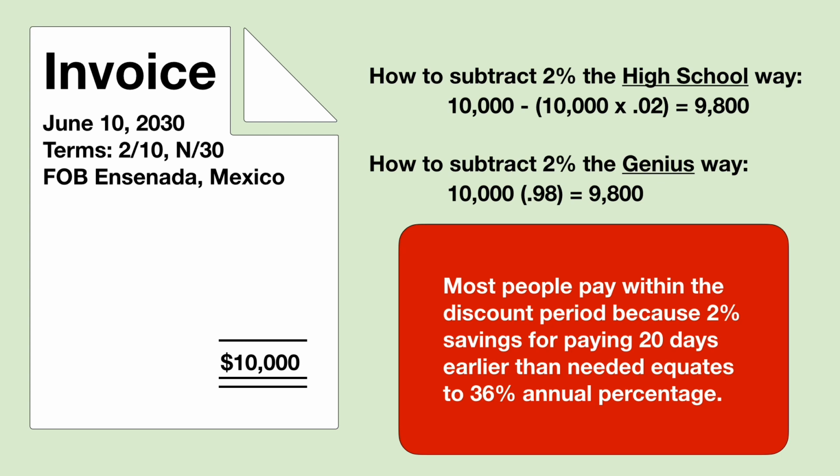Well, that equates to 36% APR. So it would make sense to borrow money, use a credit card, borrow at high interest even, and pay your bills on time to get that 36% APR savings. Everybody who knows the math pays their invoices and takes advantage of that 2% discount, even if you have to borrow money to pay this bill.